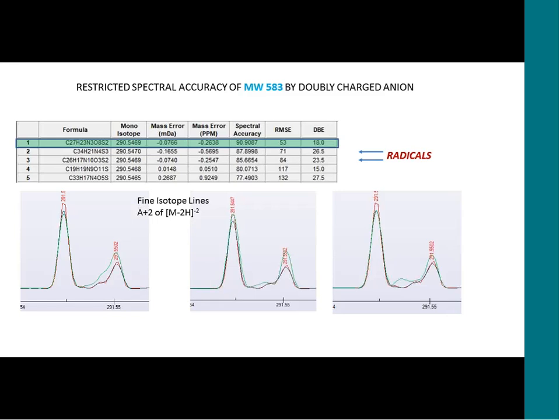So I tend to leave that alone, but I look at the list and I say, well, answer number 1 is the one that I think is correct. It has 91% spectral accuracy. The next 2 best answers are radical anions, and the 4th answer is over 10 points away, which again, from my experience, throws it out.